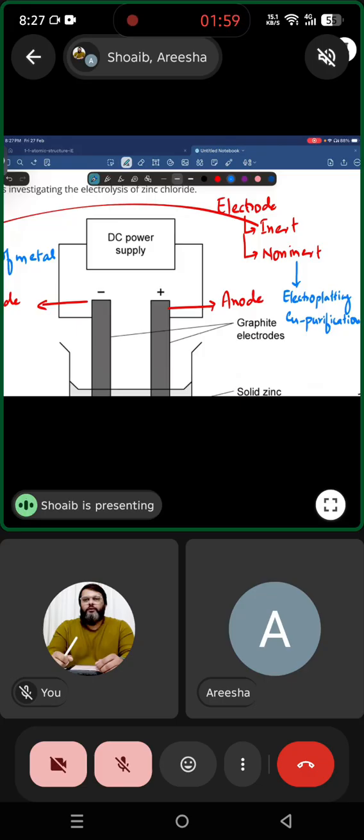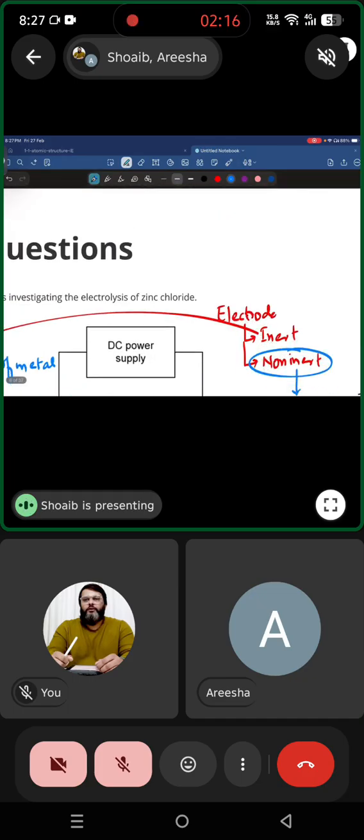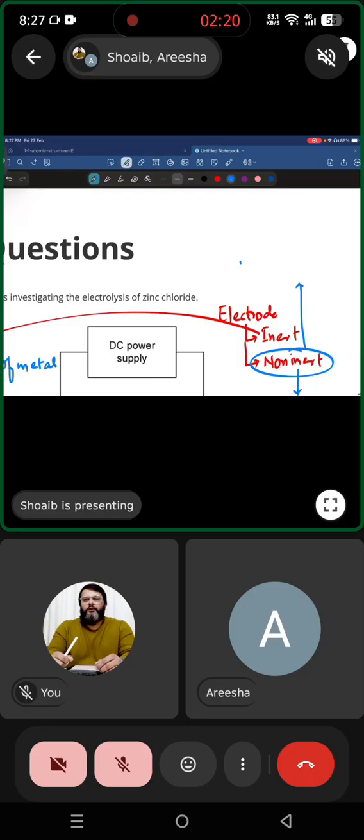It means copper rods and copper solution are used. So whenever a copper rod and copper solution are used, non-inert electrodes are used. Non-inert electrodes are those electrodes which are used up during the reaction.